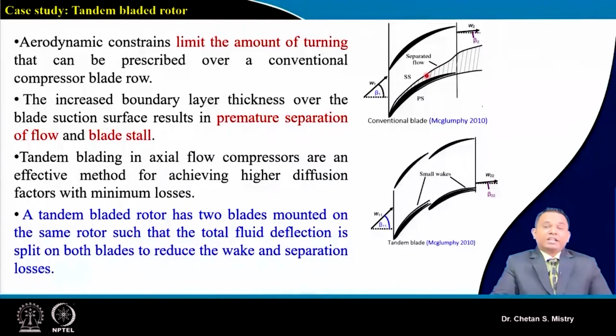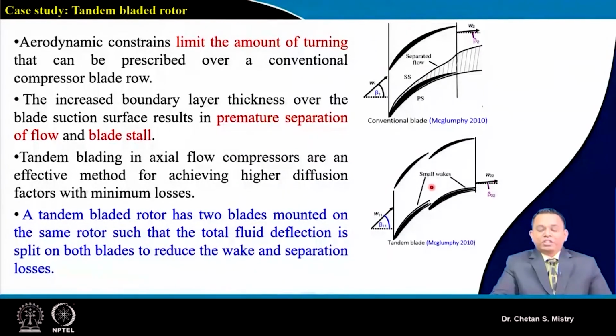When it is getting separated from the suction surface, we can say that particular aerofoil or blade is stalled, and very soon the whole stage will go in surge, and later on all compressor stages will go in surge. That is a very challenging aspect.